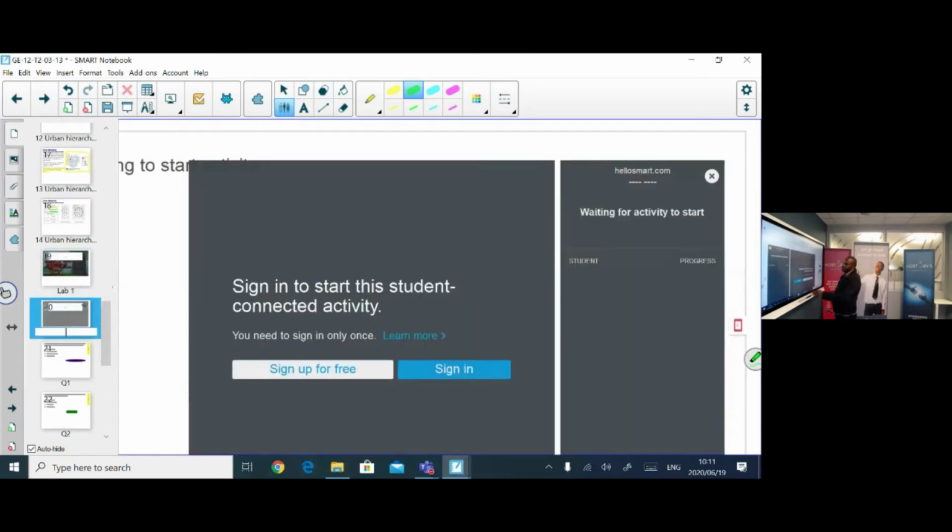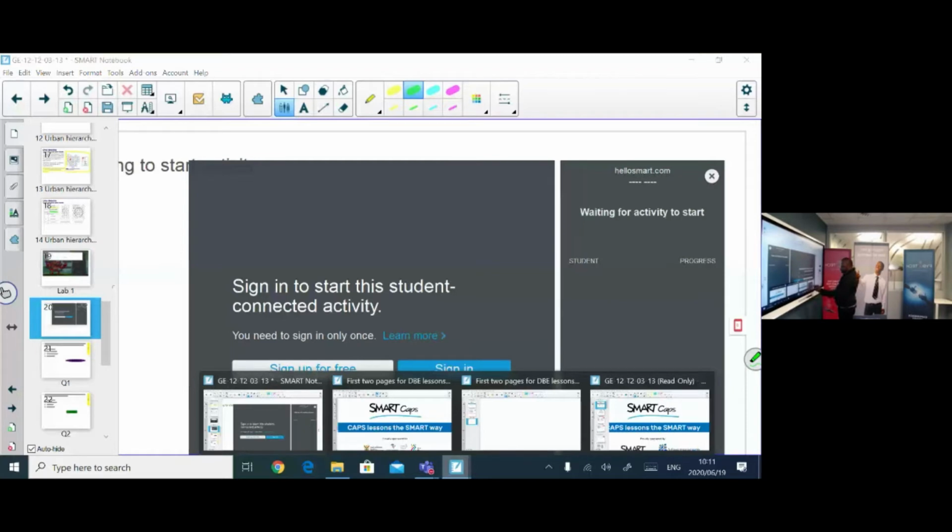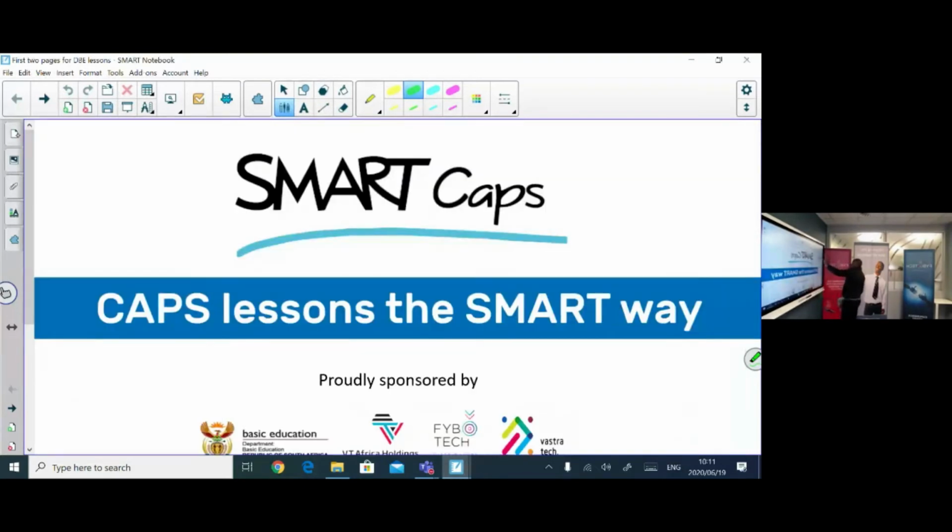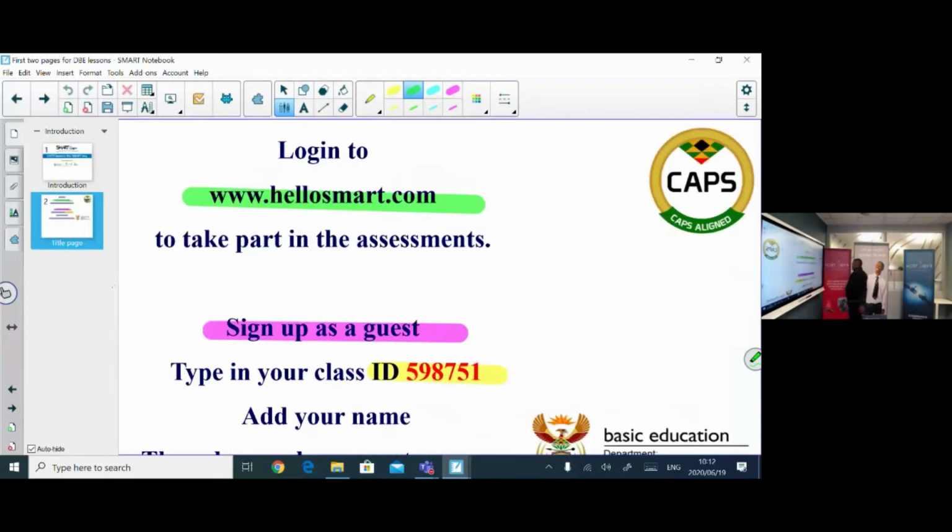Right, you need to sign in to HelloSmart. You need to sign into that page that I gave you earlier on. So these are the details here. These are the details you need to sign in.